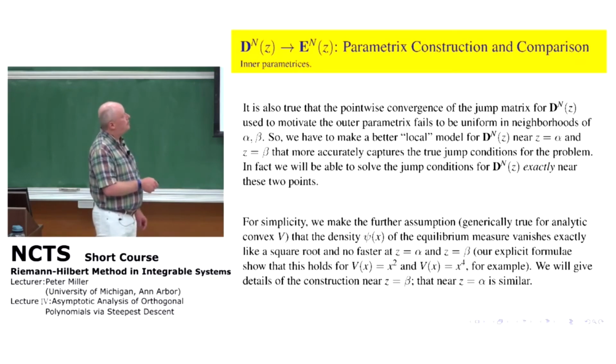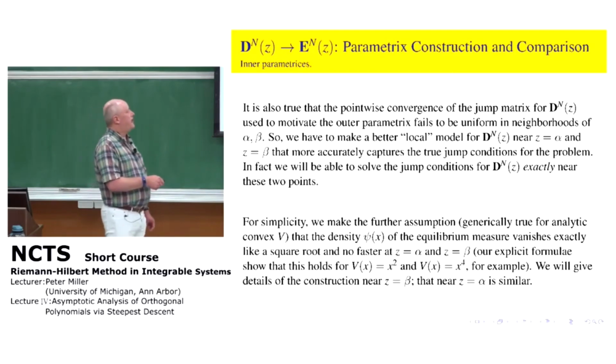And in fact, what we're going to do is solve the jump conditions for the dn problem exactly near these 2 points. So going forward, what I'm going to do is I'm going to make a generic assumption. I'm going to assume that the density psi of the equilibrium measure vanishes exactly like a square root and not like some higher power like 3/2 or 5/2 power near alpha and beta.